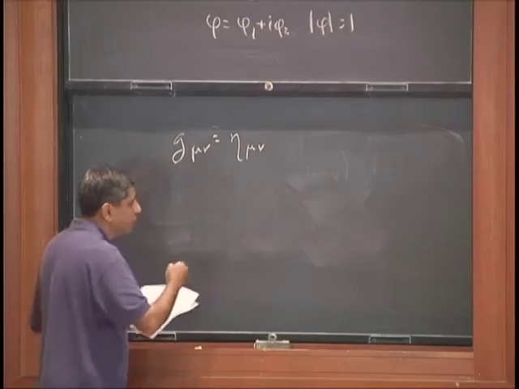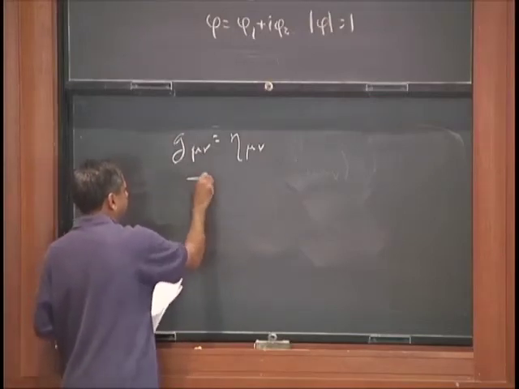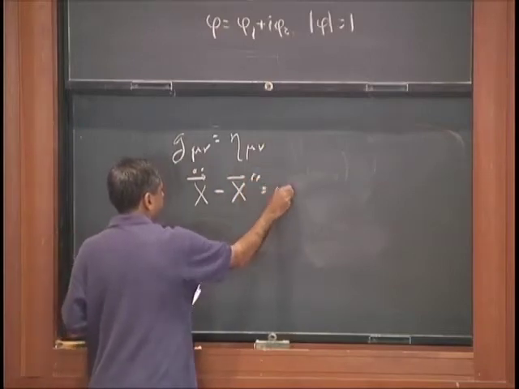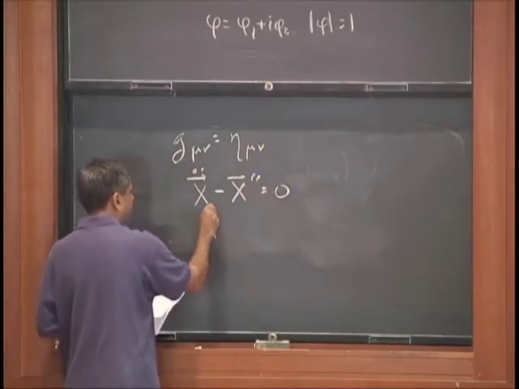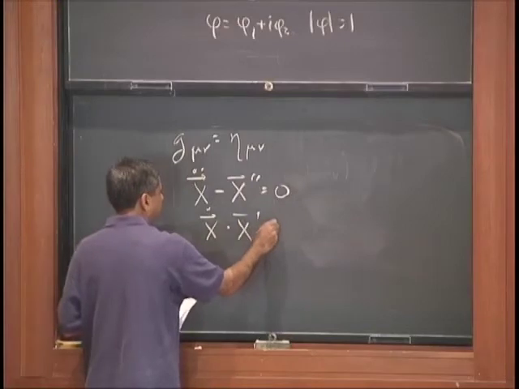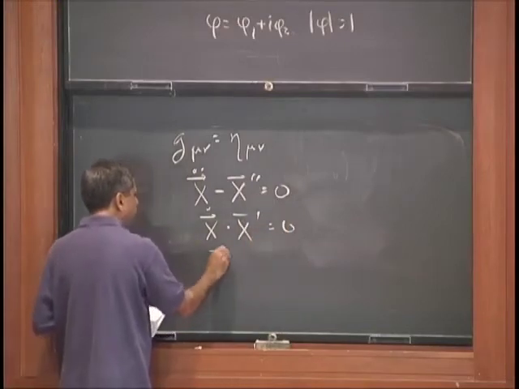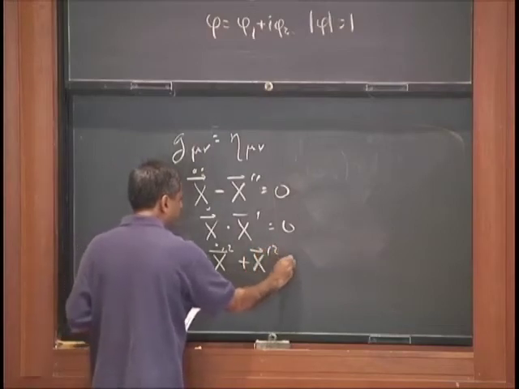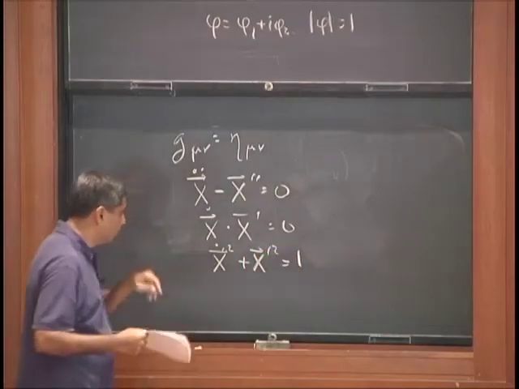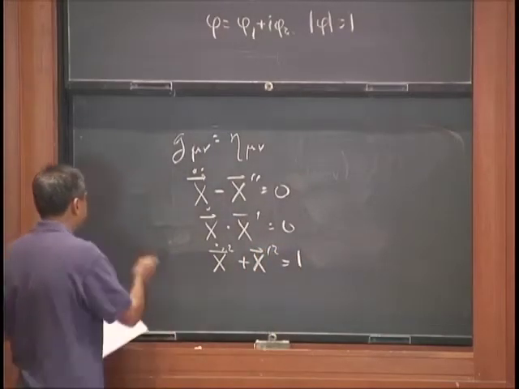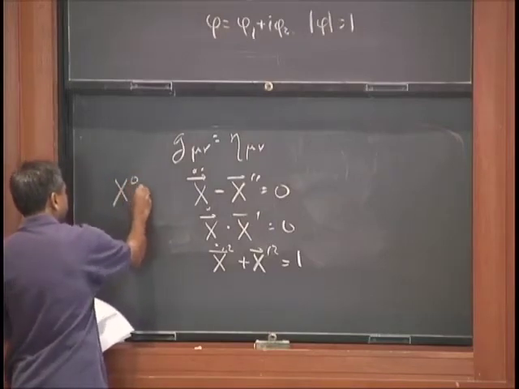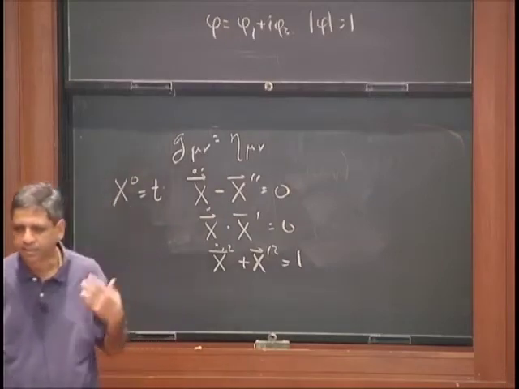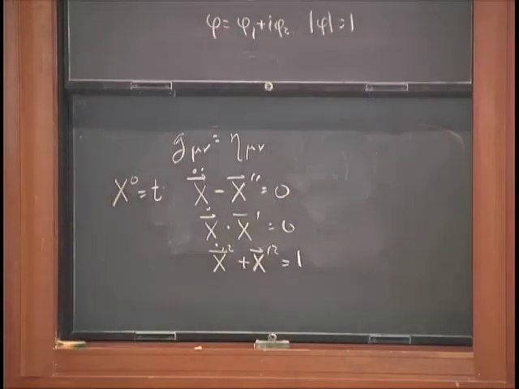Then the equation of motion can be written as x double dot minus x double prime is 0, x dot x prime is 0, x dot squared plus x prime squared is 1, and also x0 is t. Okay? So these are the string equations in flat spacetime.